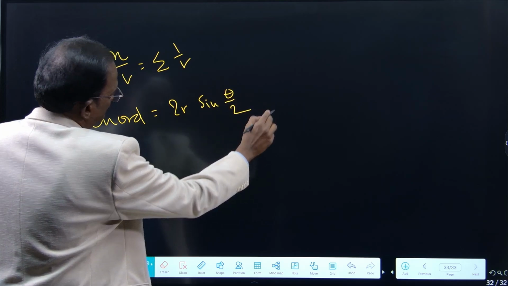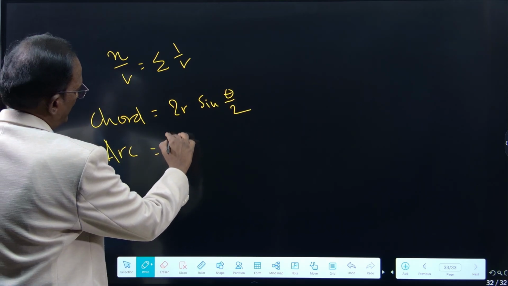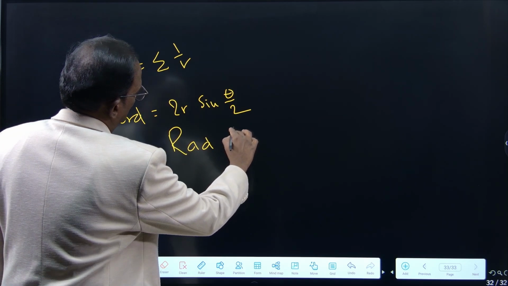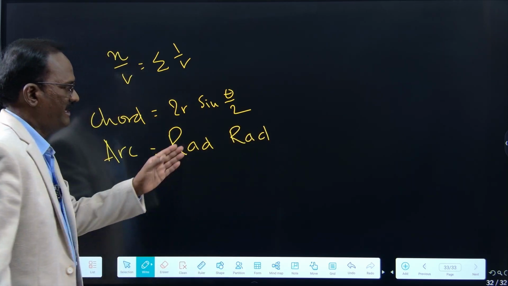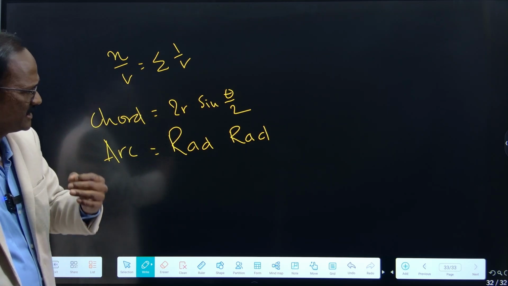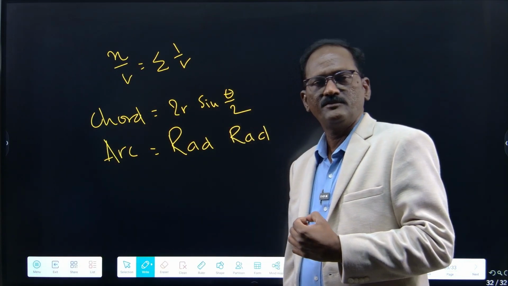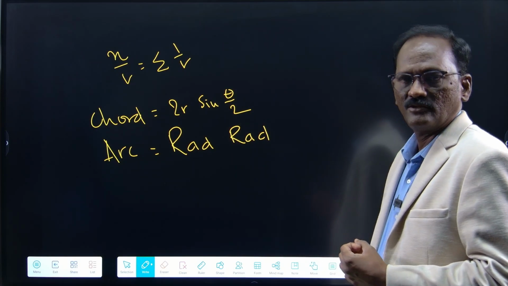This formula we have used. Then arc is equal to radian times radius. So these are the 3 formulas we have used. Then the concepts we exploited, all the concepts we have exploited to solve the problems, right?